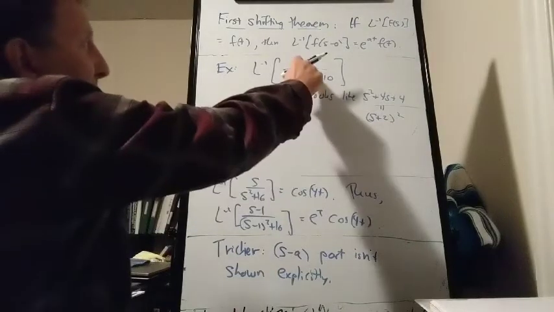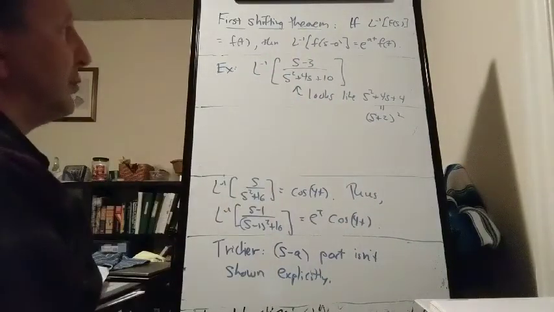So we can make it that, and then we can change this s minus 3 into s plus 2 minus 5.